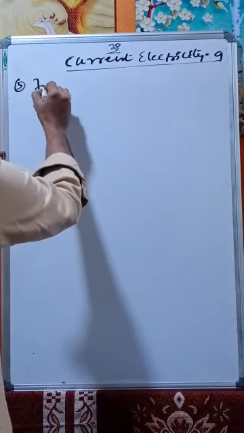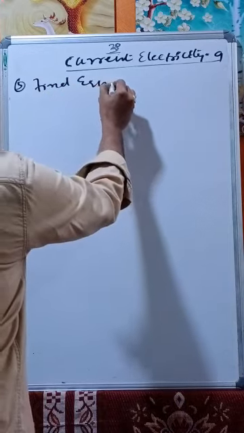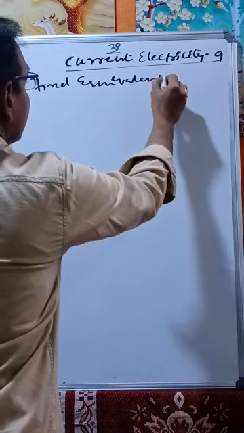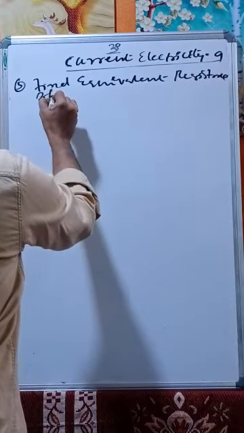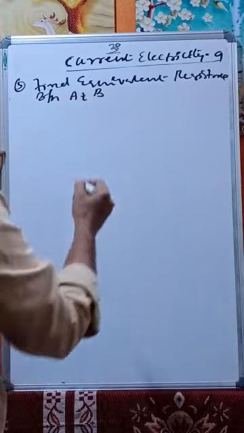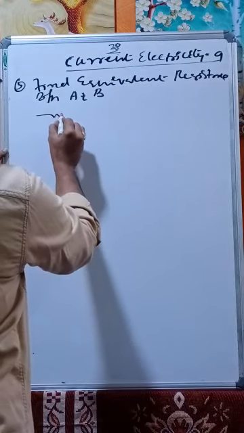Third one: find the equivalent resistance between A and B. Now, the whole circuit is like this.